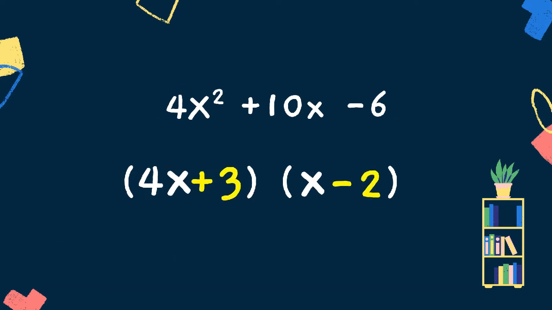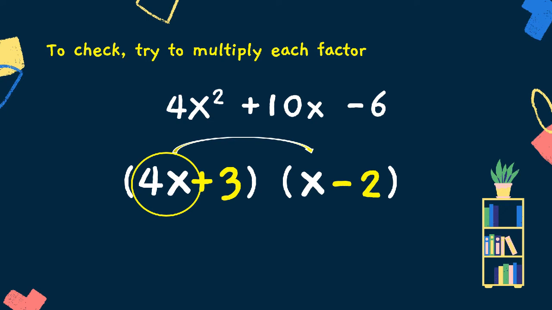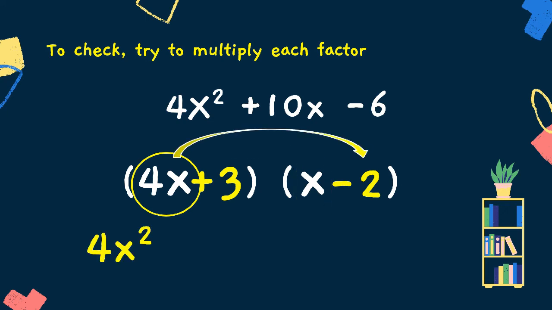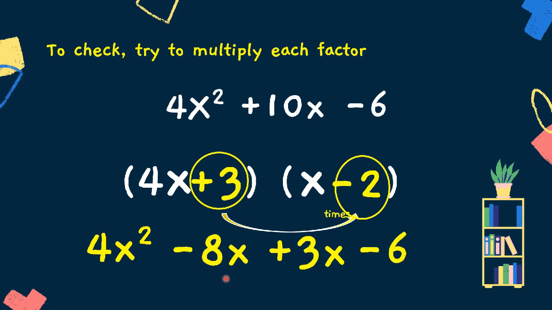To check if we are correct, simply multiply the two factors. 4x times x is equal to 4x squared. 4x times negative 2 is equal to negative 8x. Then positive 3 times x is equal to positive 3x, and positive 3 times negative 2 is equal to negative 6.